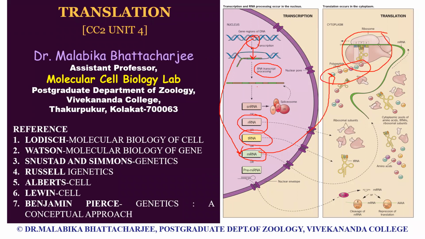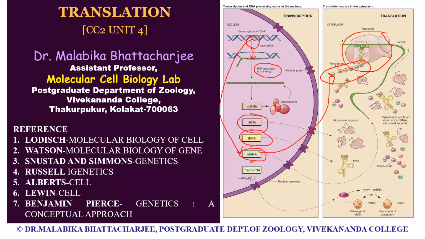So when we talk about translation, these 3 RNAs are very important. mRNA is carrying the genetic code, the information of the DNA. The tRNA and the rRNA will interact with the machinery and help in production of the polypeptide.